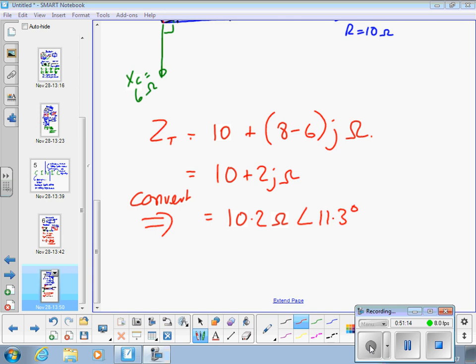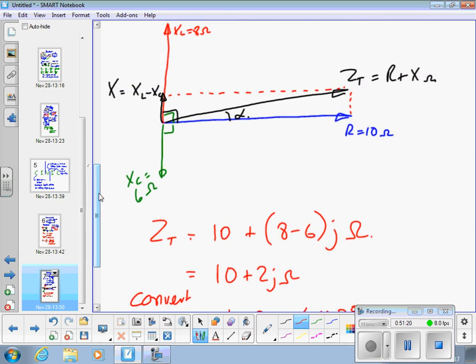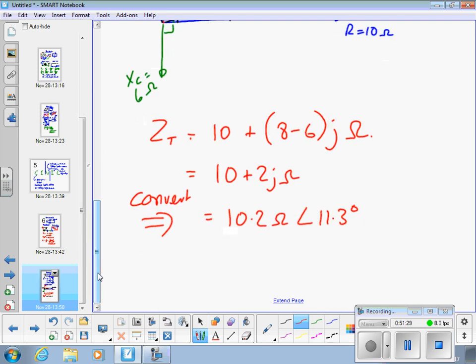Does that fit in with CIVIL? Reactance is positive, so overall the inductive reactance is bigger. We've got an inductive circuit. We end up with a positive overall impedance angle.